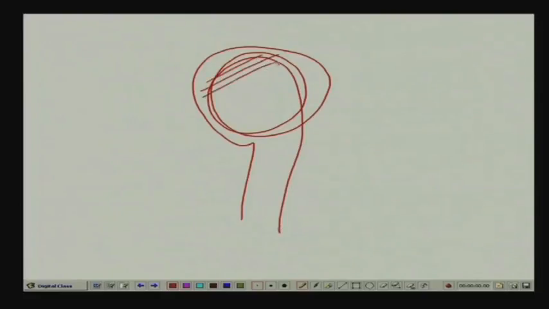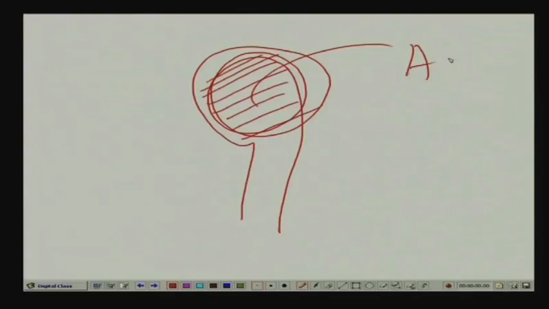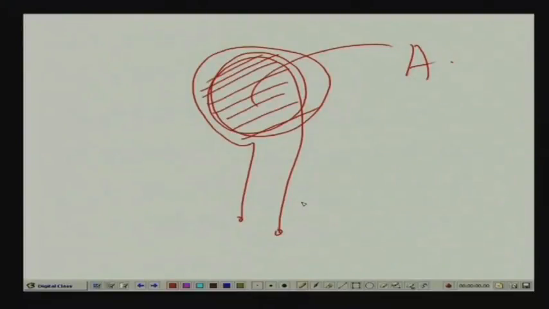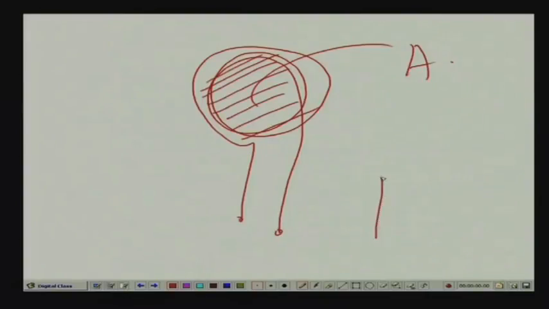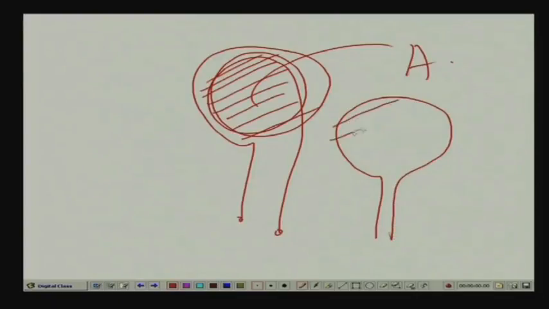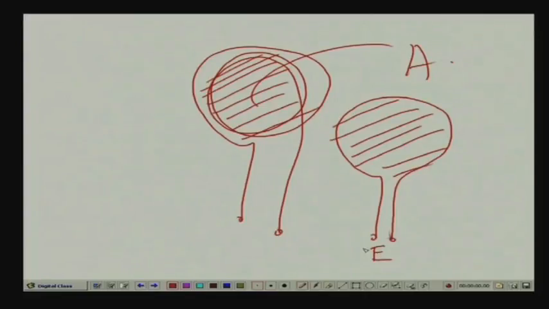This filled up area, I am talking of the cross section area A. This is not the cross sectional area of the wire by which I am making the coil, it is the cross sectional area of the coil itself. That means, if I draw one simple loop like this, I am talking of this cross section, this is our cross sectional area. This is the output voltage I will measure, which will be calibrated in terms of magnetic field.